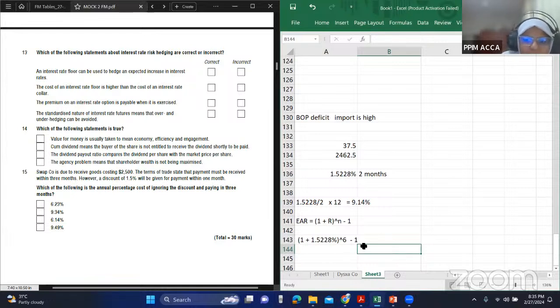That will be 1 plus 1.5228% to the power 6 minus 1, because 1.5228 is for 2 months. So the effective annual rate will end up being 9.49%. That answer you have as D.